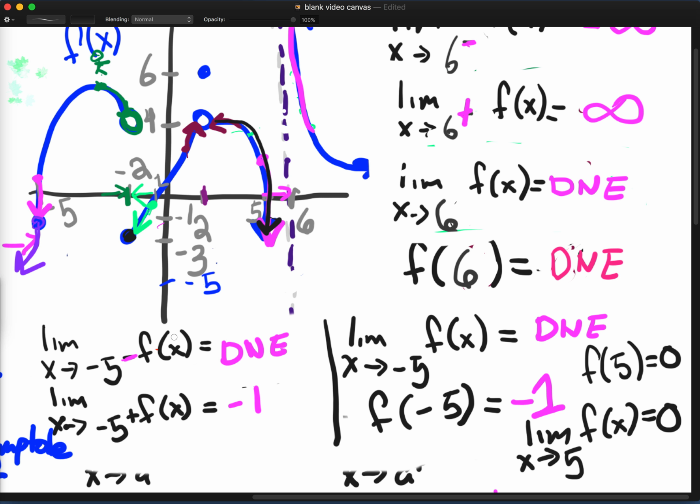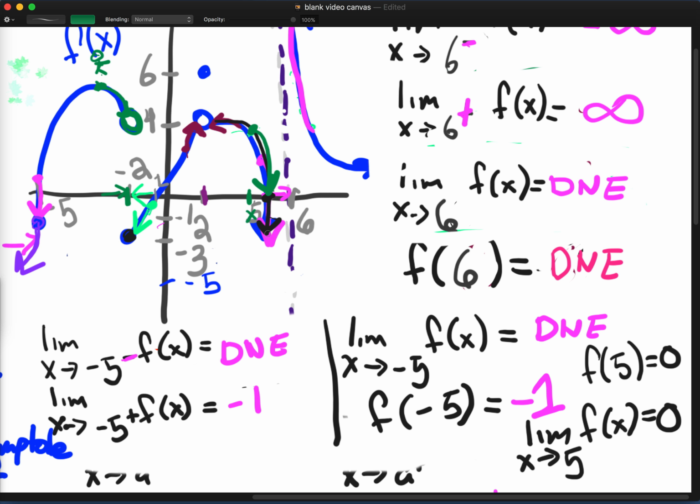Before that, can you please show how you approach from the right and left? Of which one? 5? Right here? Yes. Well, you want to look at the x values to the left. So here's some x value on the left, and then you go to the function there. So you approach from the left like that, right?